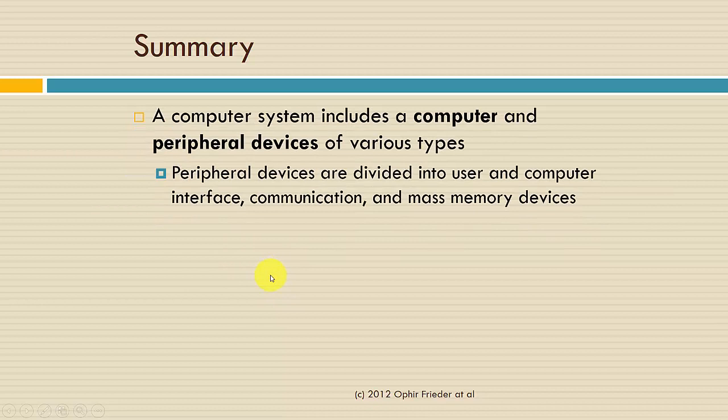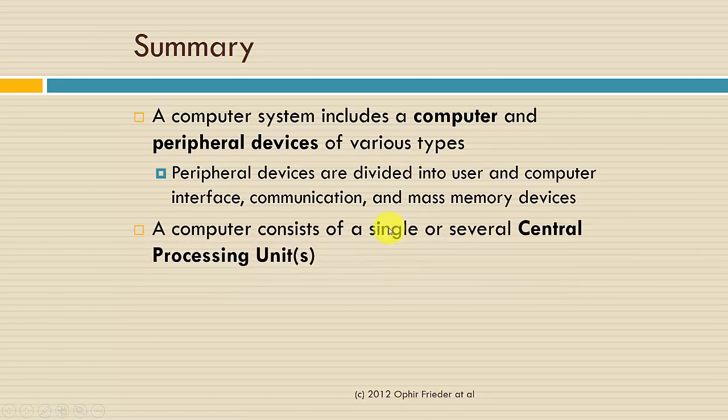So in summary, a computer system includes a computer and peripheral devices of various types. We talked about the different types that you can have. You have input devices, output devices, input-output devices, and all of those things help to give you further capabilities with your computer system itself. You have the CPU, which is the brains of the computer.